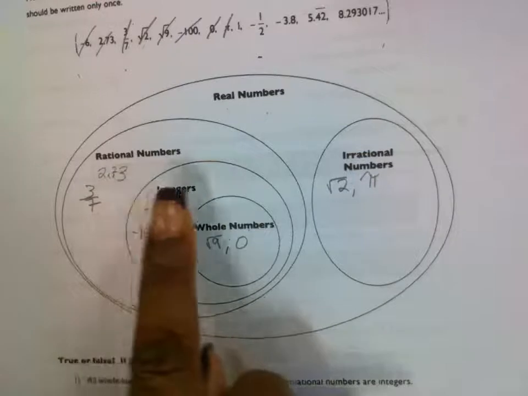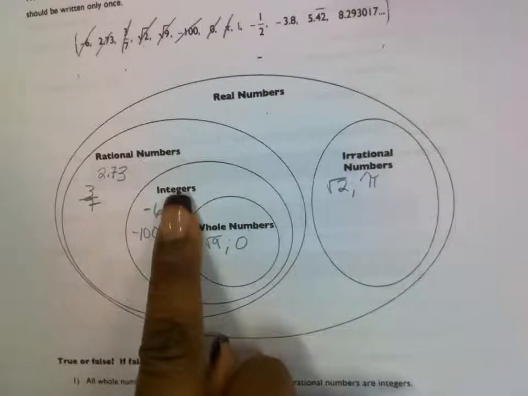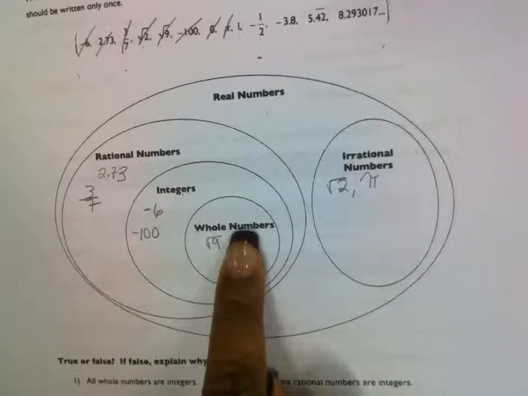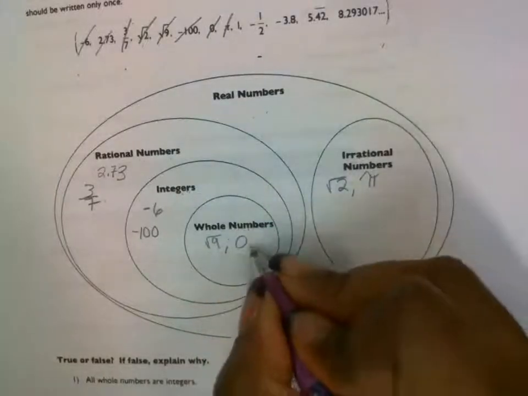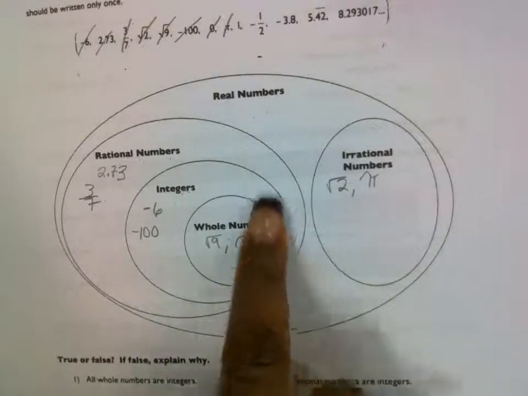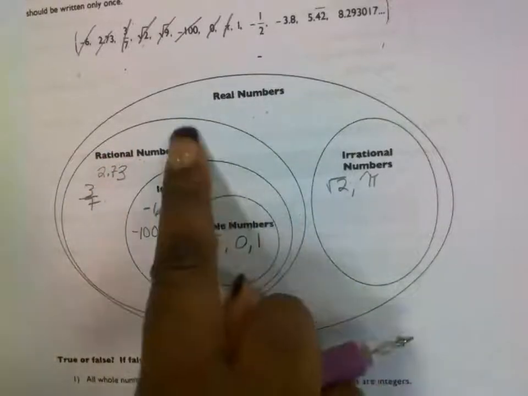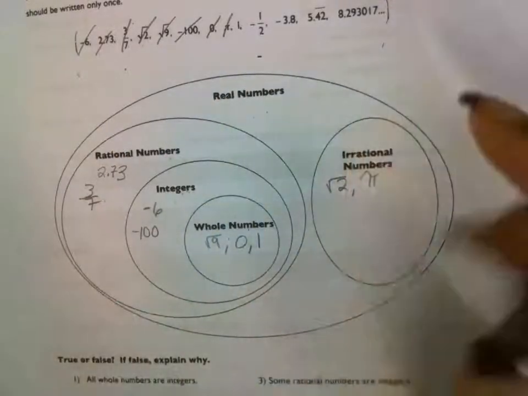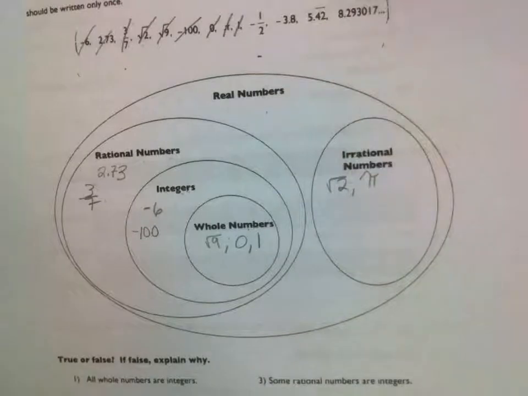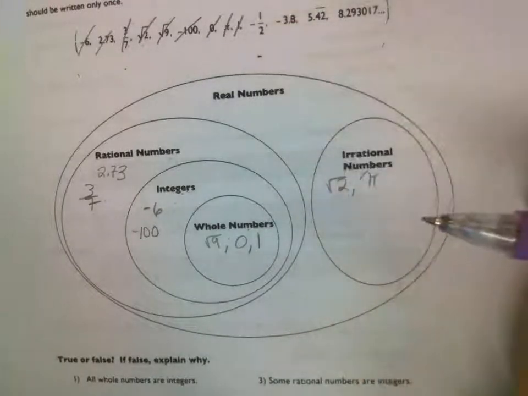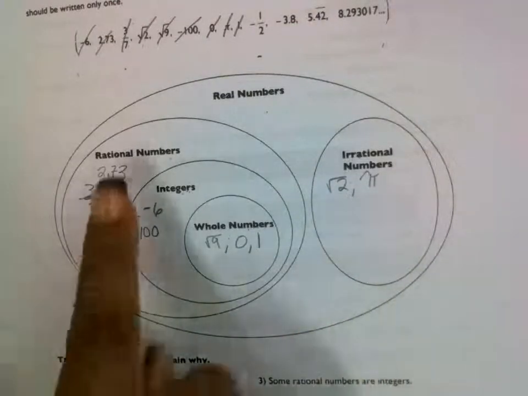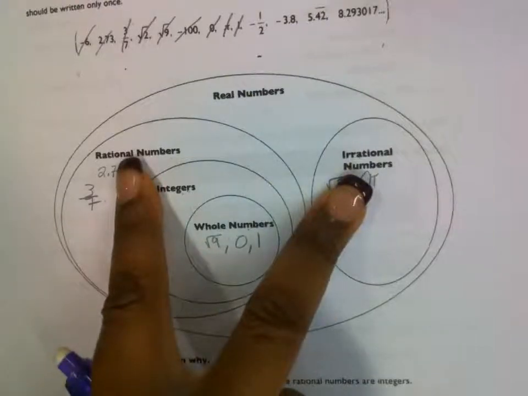Is 1 an integer? Yes, it is. Is 1 a whole number? Yes, it is. So we're going to put it here. Remember that this circle is also an integer, it's also a rational number, and it's also a real number, okay? All right. Let's look at negative 1/2. Is negative 1/2 rational or irrational?